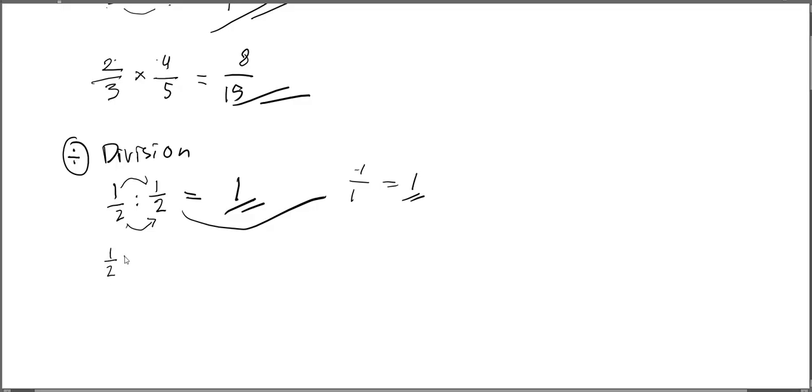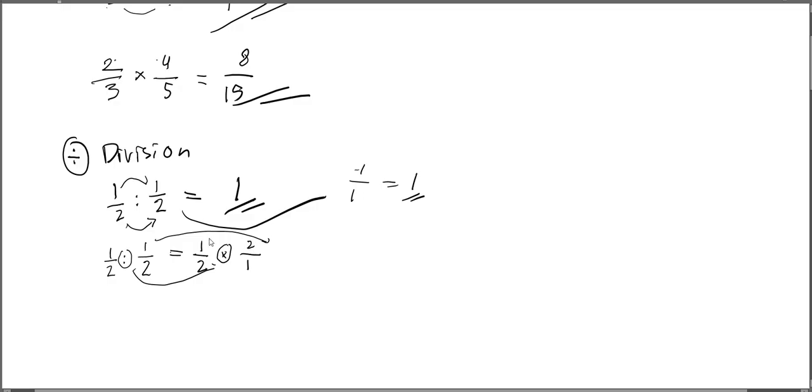1 per 2 divided by 1 per 2. And this is another way to solve it. We turn this division into multiplication, and at the same time, we flip this: the numerator becomes the denominator, and the denominator becomes the numerator.